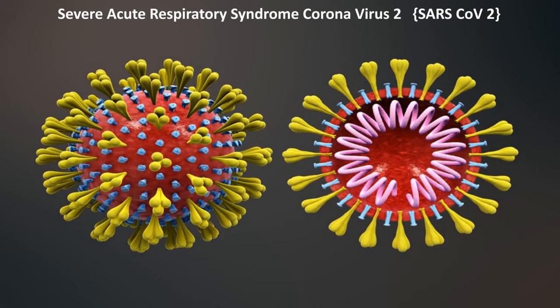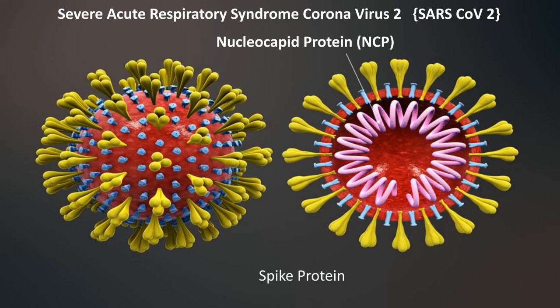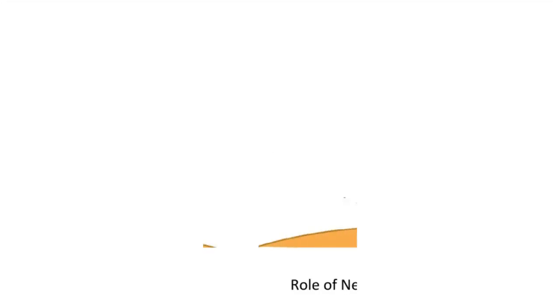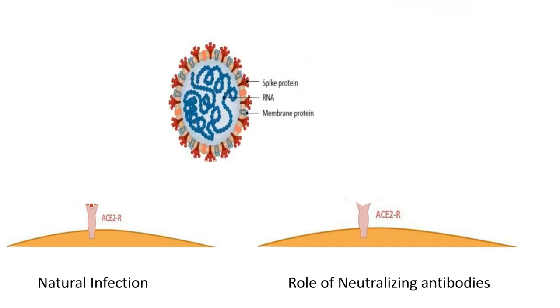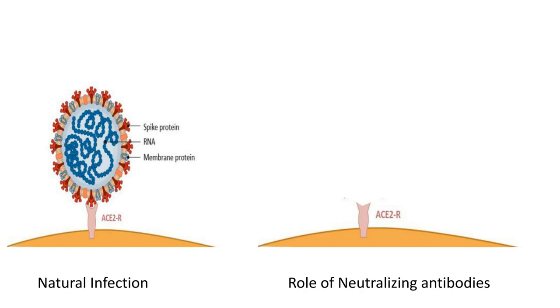The two antigens which are of prime importance are the spike protein, which is on the surface, and the nucleocapsid protein, which is inside the virus. In natural infection, the spike protein will bind to the ACE2 receptor, enter into the cell and set up infection.